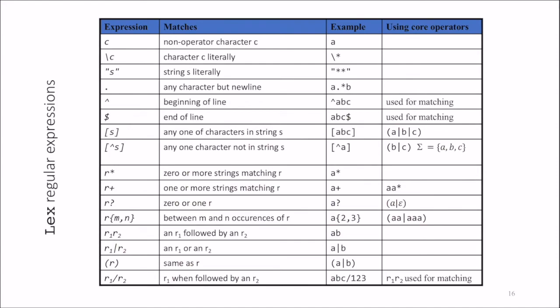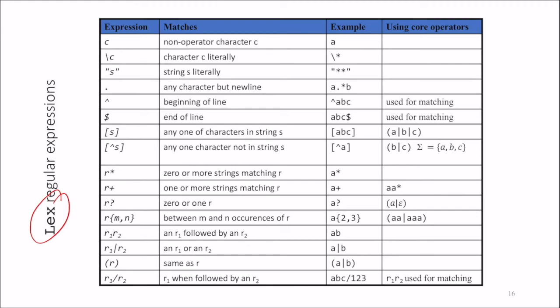Now, there's a lot of this sort of syntactic sugar, as it were, which you can use in order to construct regular expressions. So Lex, for example, is the tool that we'll be using to construct a lexical analyzer, and it can handle quite a few things that can be defined based on the core operators, but would be tedious to define if you had to do it just using the core operators.